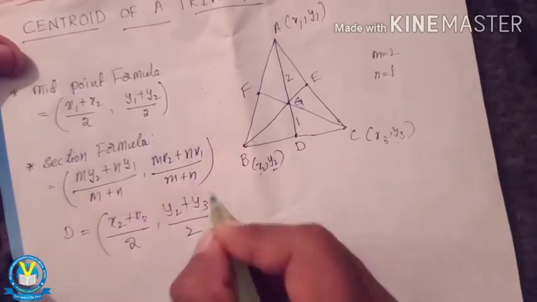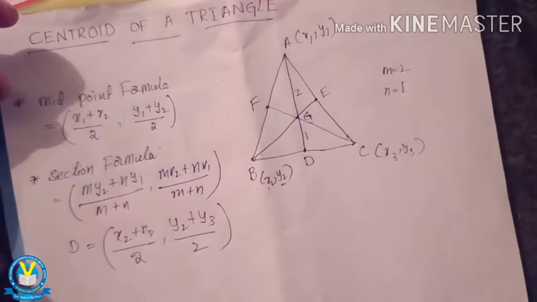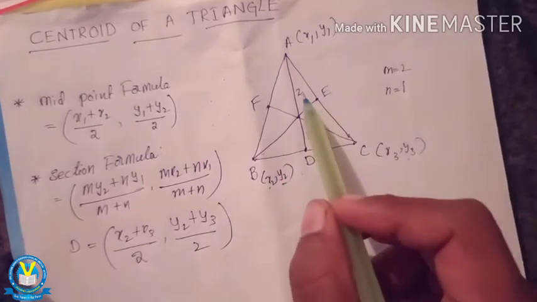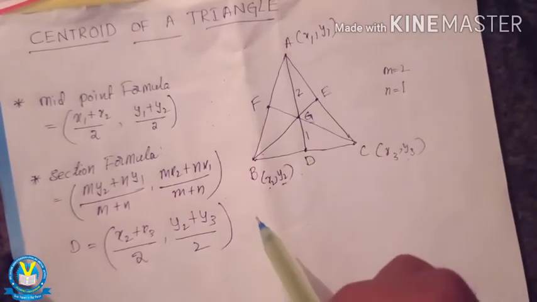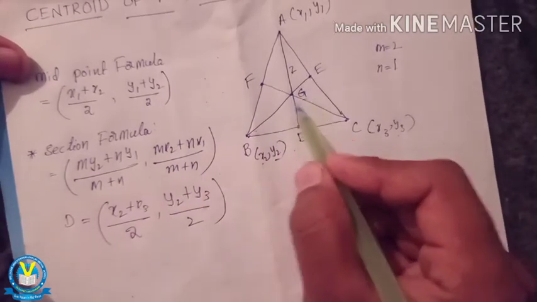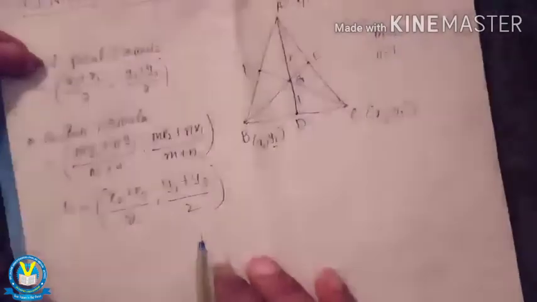These are the coordinates of point D. Now we have the coordinates of point A and point D, and also M comma N. Now using the section formula, we can find the coordinates of point G.